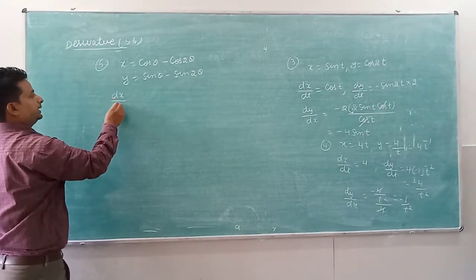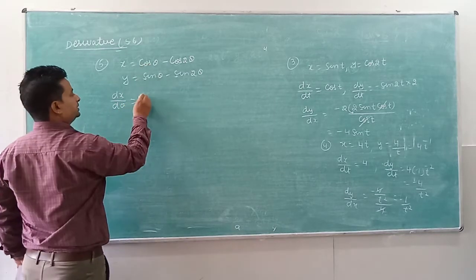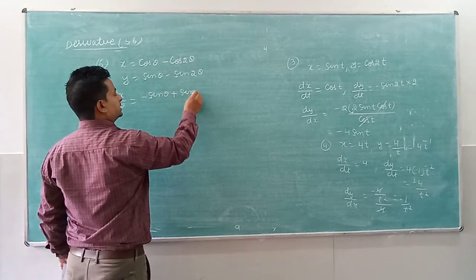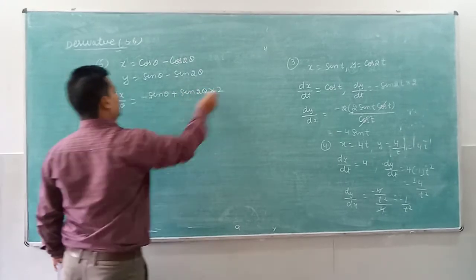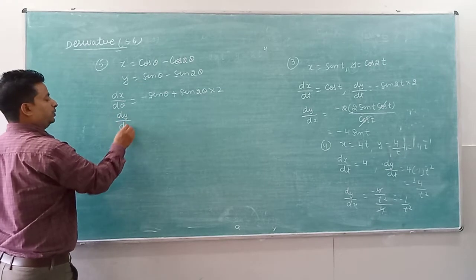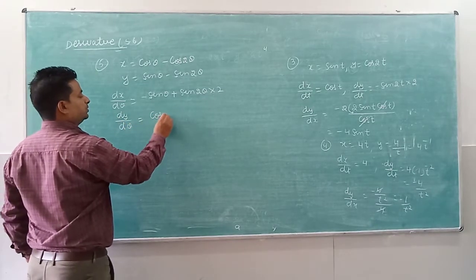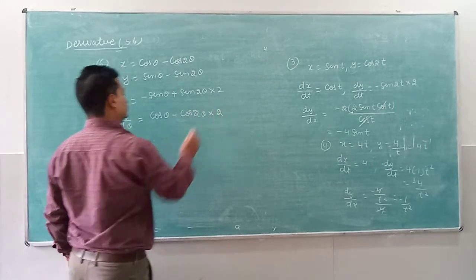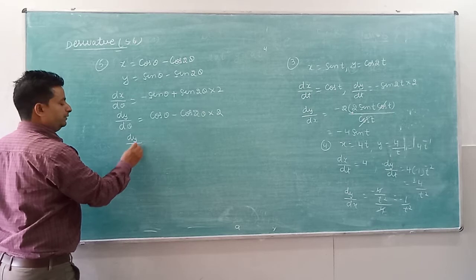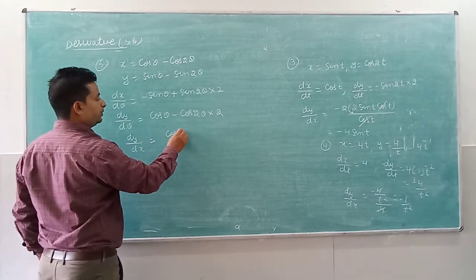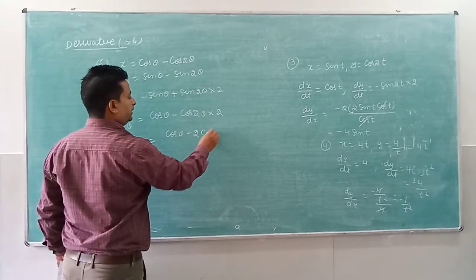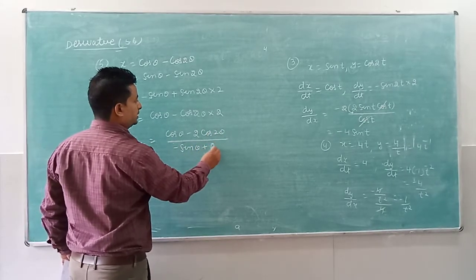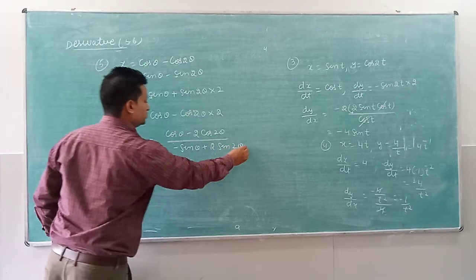Here we find dx by d theta: the differentiation of cos 2 theta is minus sin 2 theta into 2. Same, dy upon d theta is the differentiation of sin, which is cos 2 theta, and the derivative of 2 theta is 2. So dy upon dx is dy upon d theta divided by dx upon d theta. This is the answer of this question.